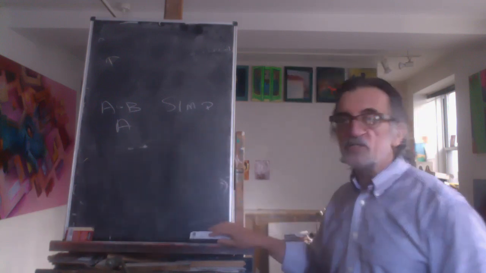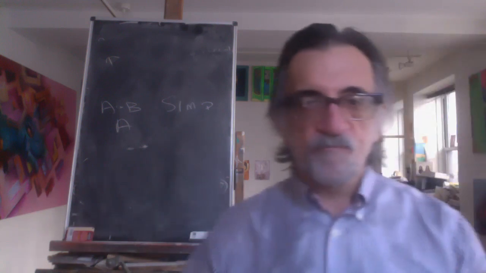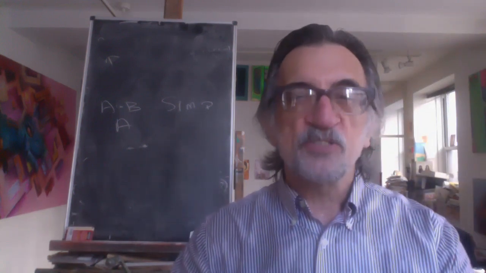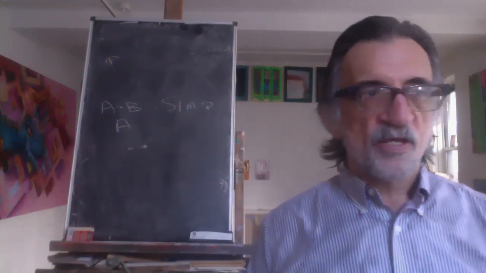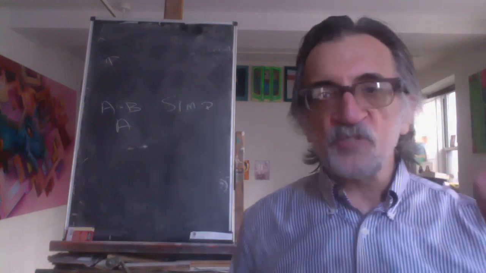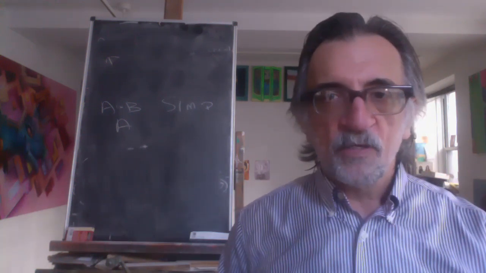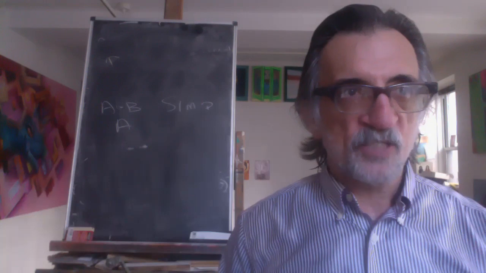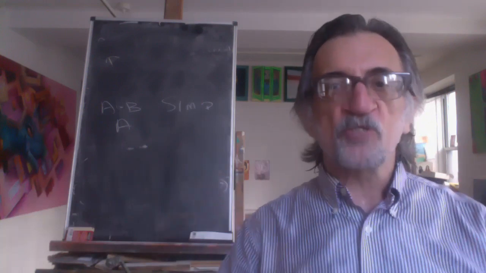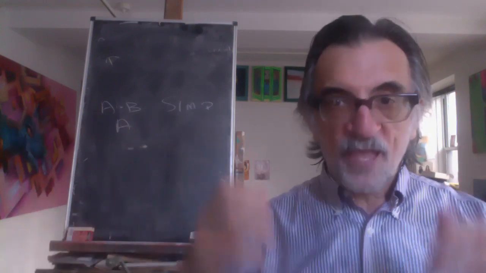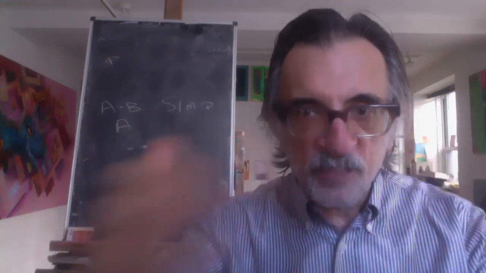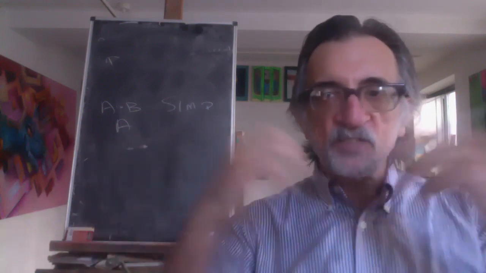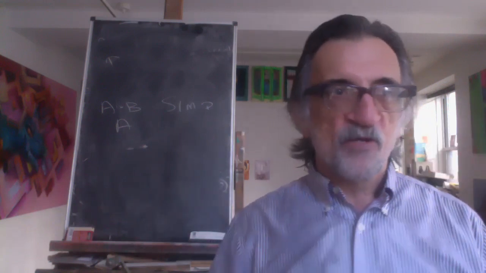It's much easier to move in the opposite direction, and that is to take any part of a conjunction and assert it alone. If today is Wednesday and it's snowing, then it's true that today is Wednesday. When both things are true, one of them is true. If you're conjoining three statements, A and B and C, then you can state any one of them or any two of them, right?